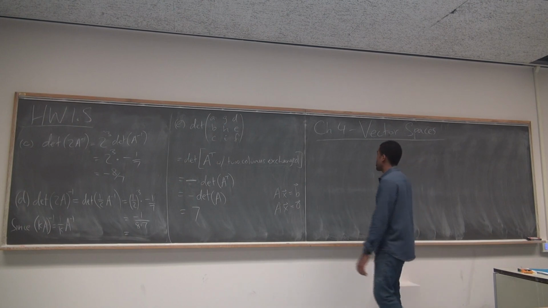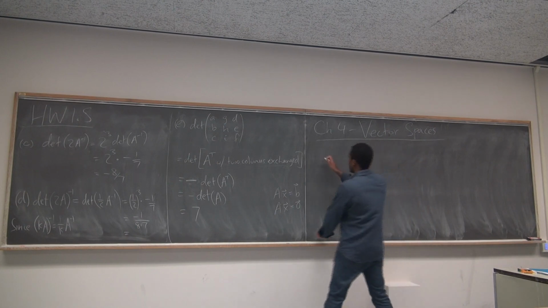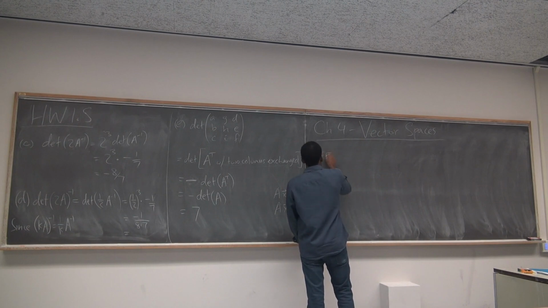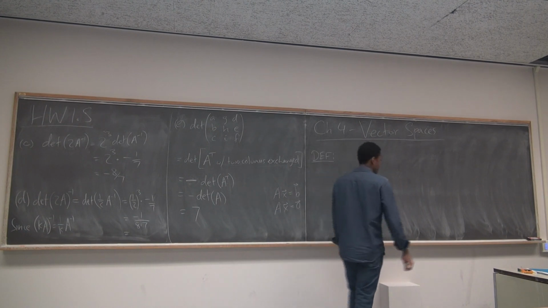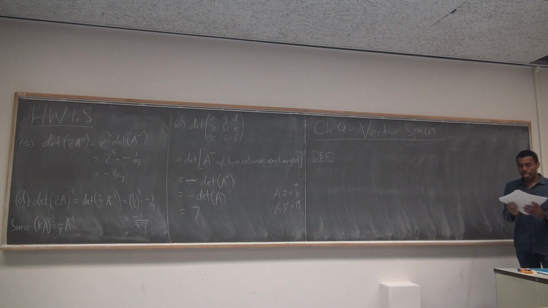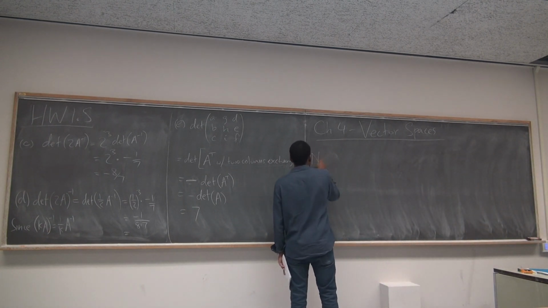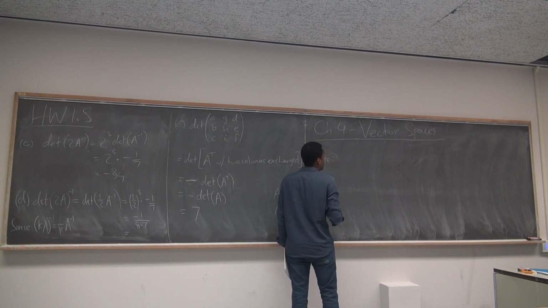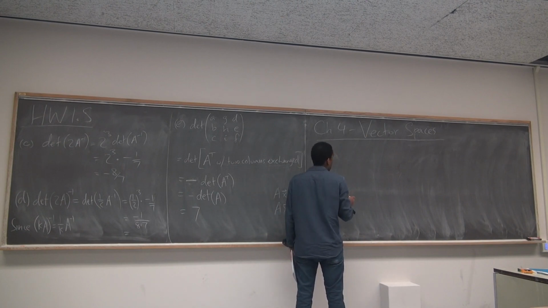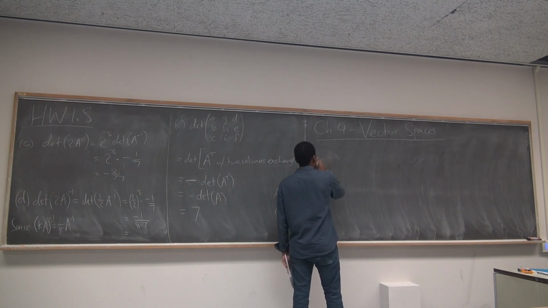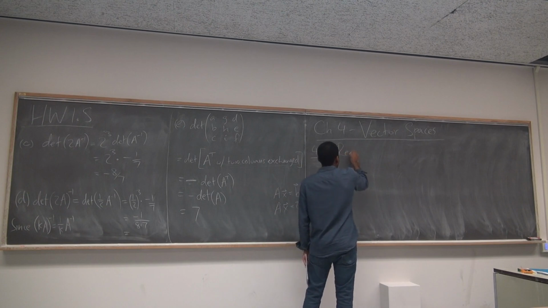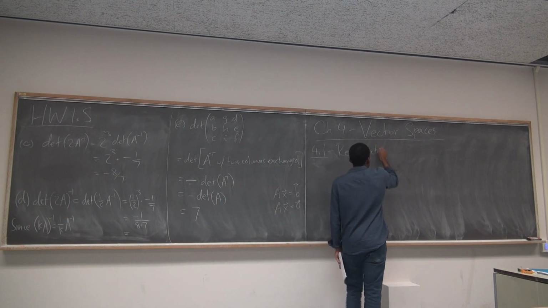So let's actually jump into it, because we spent a lot of time. This is going to be a long one. Oh, by the way, just a note here. In 4.1, your textbook calls it real vector spaces.